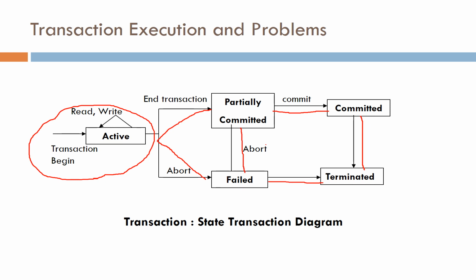Ultimately, as the transaction reaches the failed state, it goes to the terminated state. So here also, in a third way, it goes from active to partially committed to failed and terminated.